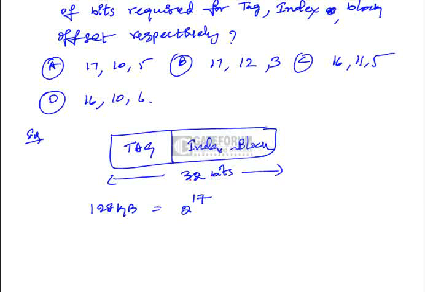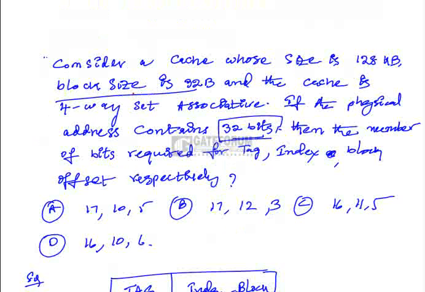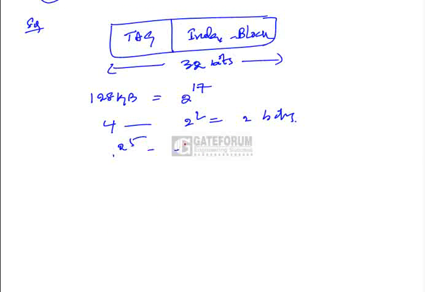If it is 4-way set associative, we require 2 power 2, that means 2 bits are required. The block size is 32 bytes, which is 2 power 5, so 2 power 5 byte blocks.